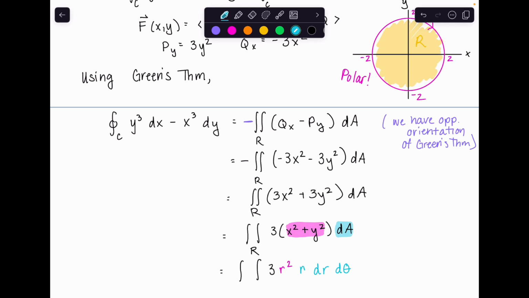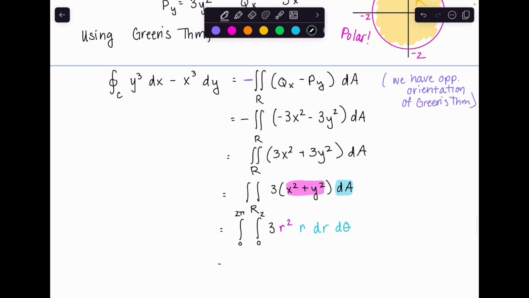Thinking about my r bounds, this is a circle of radius 2. So r is going from 0 to 2. And I'm going fully around the circle. So this goes from 0 to 2 pi. So this becomes the double integral from 0 to 2 pi, then 0 to 2 of 3r cubed dr d theta.